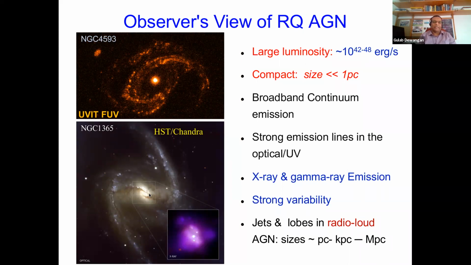So you don't see the strong, bright nucleus in the ultraviolet or optical bands, but in X-rays, particularly slightly harder X-rays, because harder X-rays penetrate any kind of obscuration. So you see this bright nucleus in X-rays. This is what I call observer's view of radio quiet AGNs.